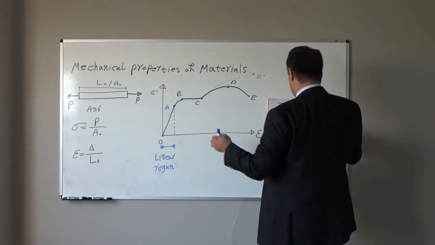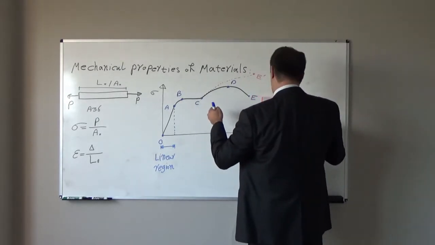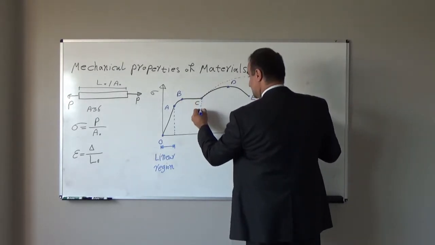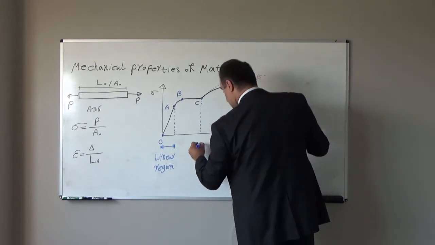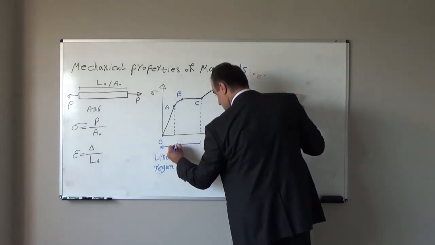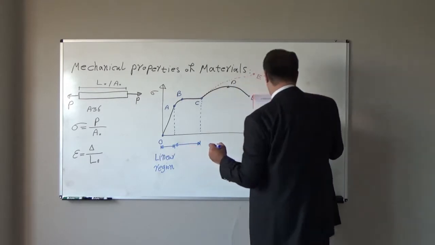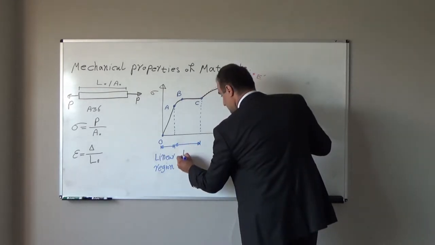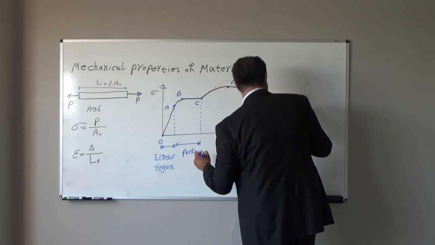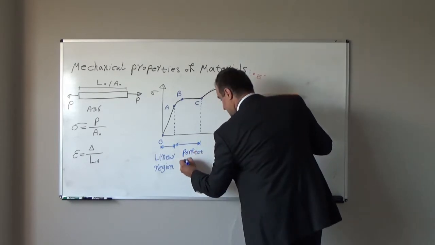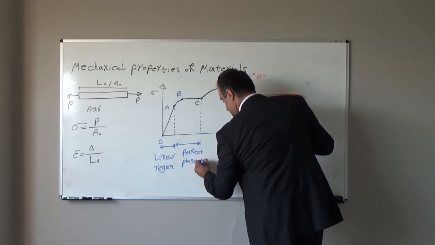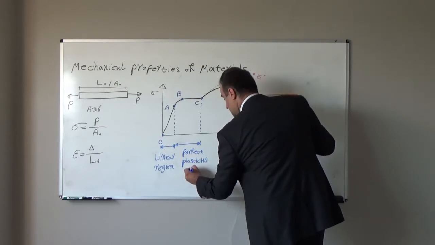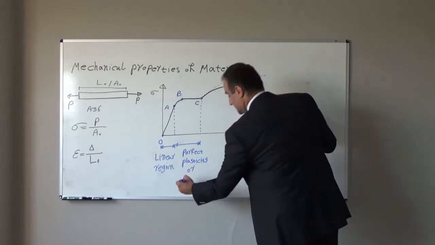Then from point A to point C, this part, they call it perfect plasticity, or yielding region.